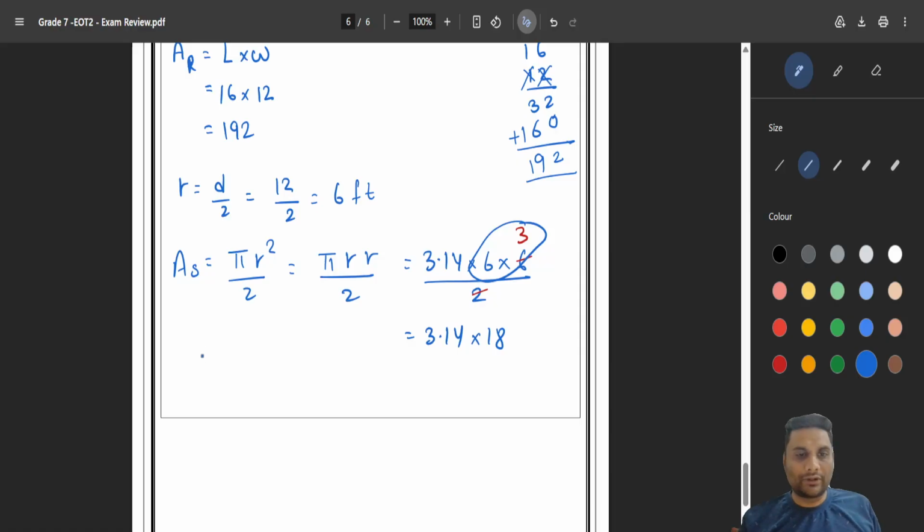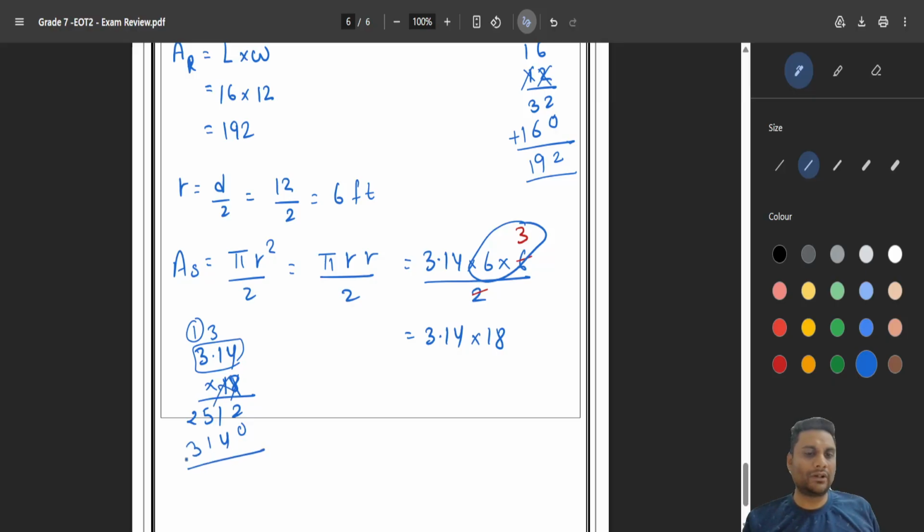So now we have to do 3.14 multiply 18. 8 times 4, 32. 8 times 1, 8 and 3, 11. 8 times 3, 24 and 1, 25. 8 is over. So new line, put 0. Multiply 1, that is the same number will come, 314. So 413.